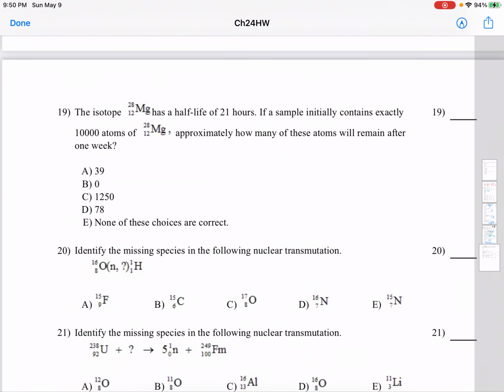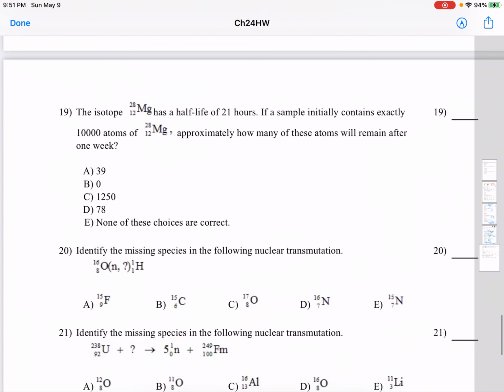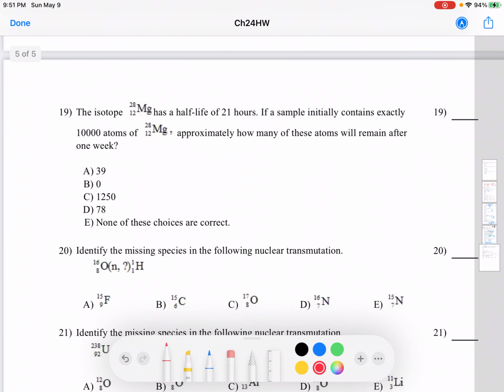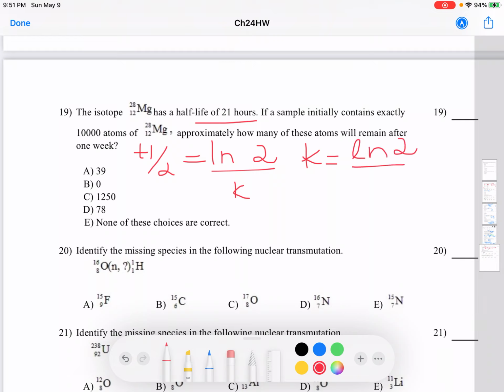Okay, we are given the half-life. So from the half-life, we can find out the decay constant. T half equals ln2 over k. So then the k would be ln2 over t half.